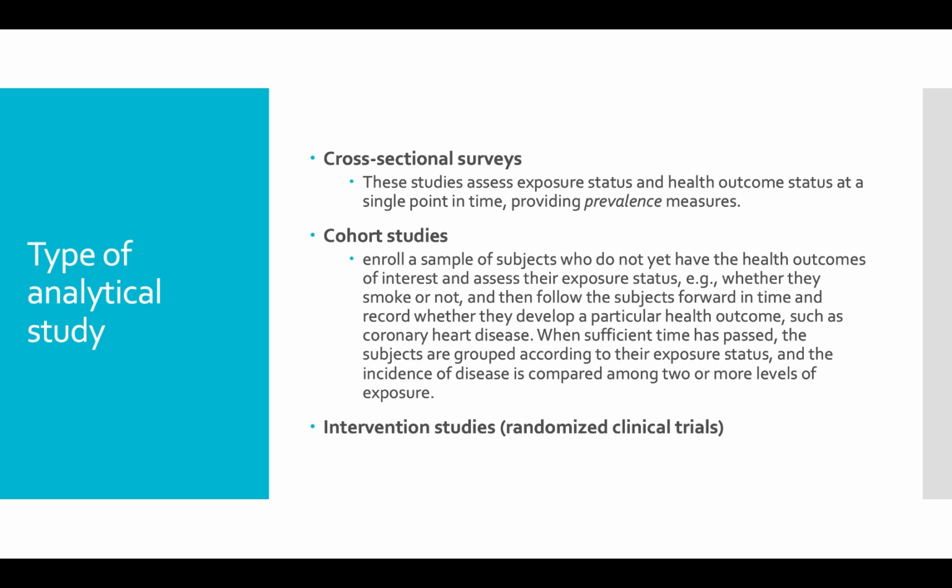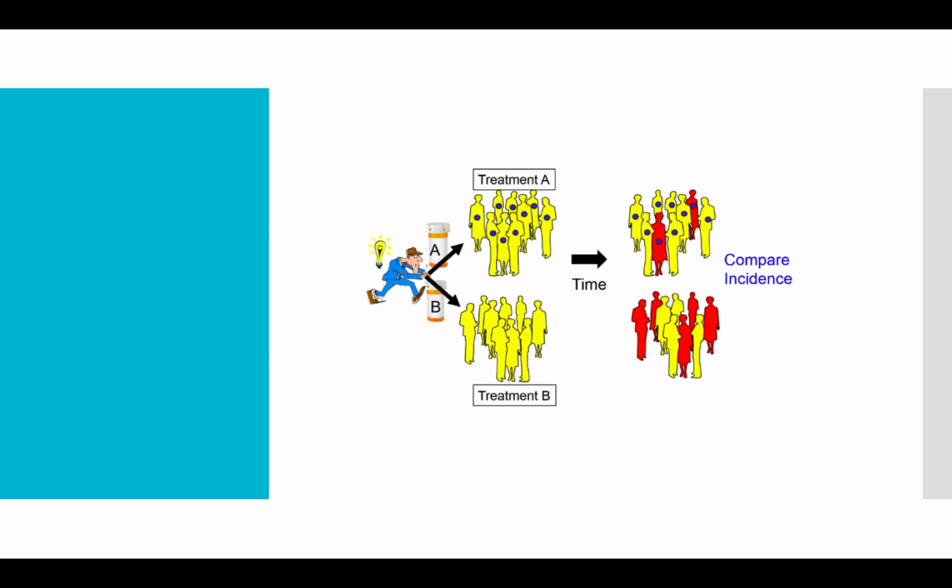All of these studies usually require some analytical data, because we would like to see if the health outcome is influenced by the exposure, and the degree of influence of the exposure on the health outcome.